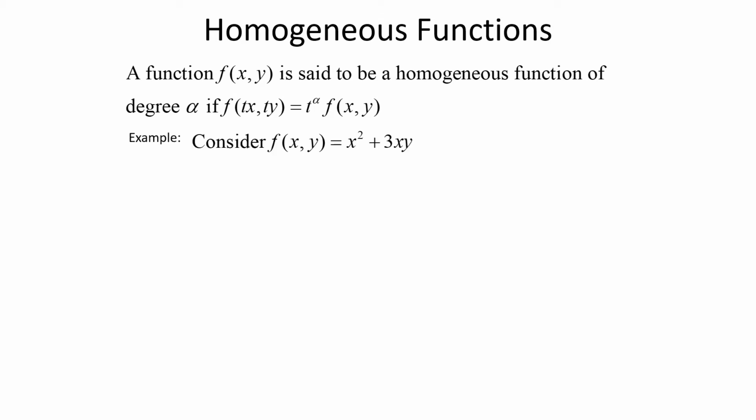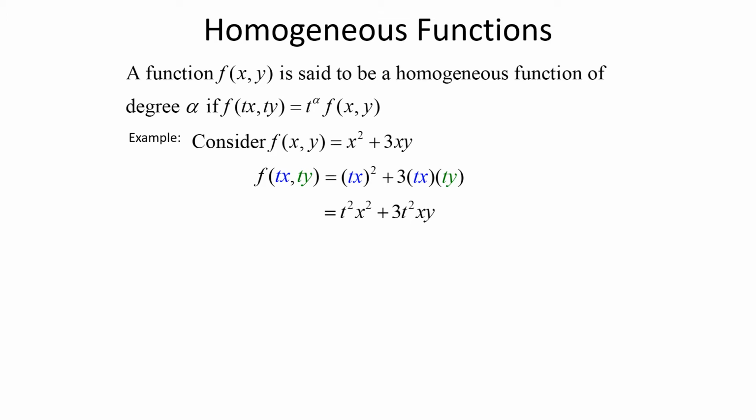So for example, if we have the function f of x,y equals x squared plus 3xy, and we replace x and y with tx and ty, we would get (tx) squared plus 3 times tx times ty. If we simplify that, that'd be t squared x squared plus 3t squared xy.